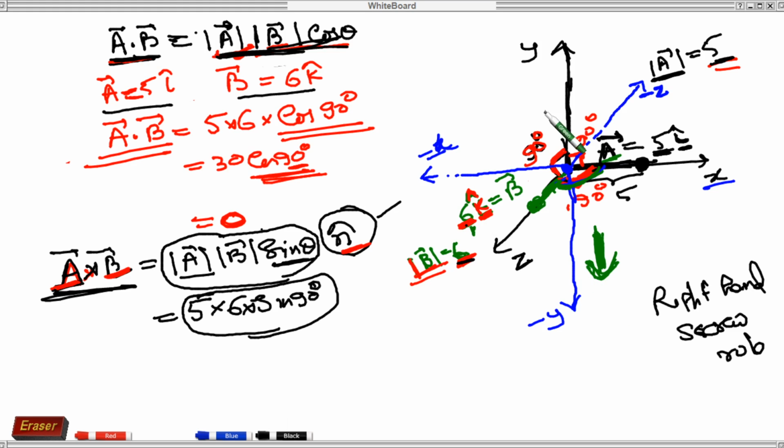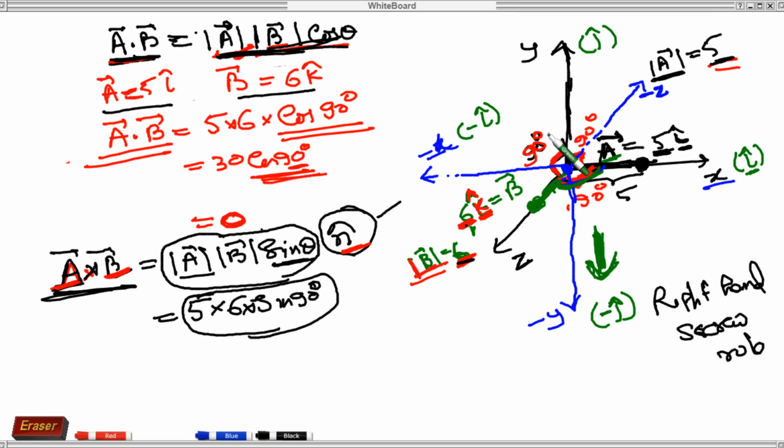And I told you earlier, if the direction is along the x-axis, it is denoted by unit vector i. If it's the y-axis, unit vector j. If it's minus y-axis, unit vector minus j. If it's minus x-axis, unit vector minus i.